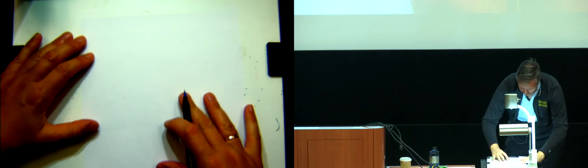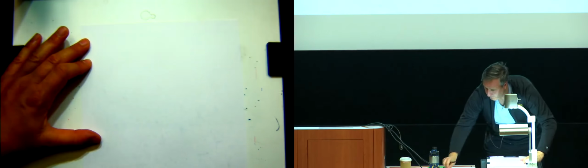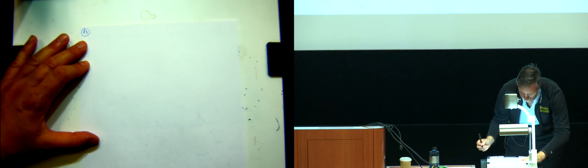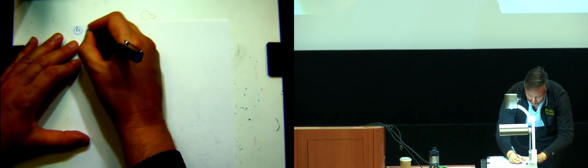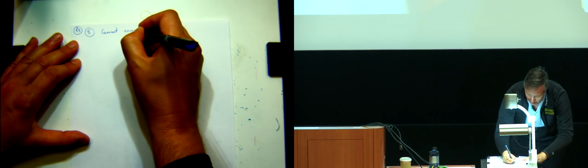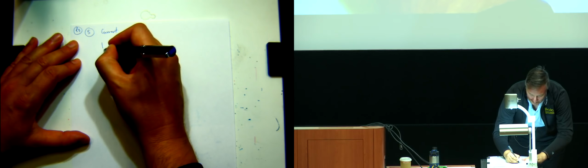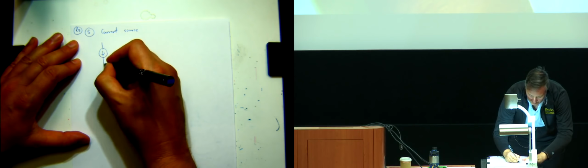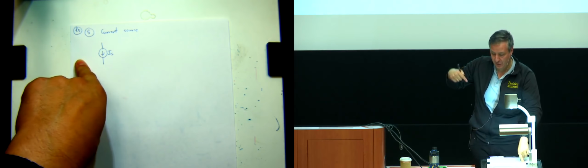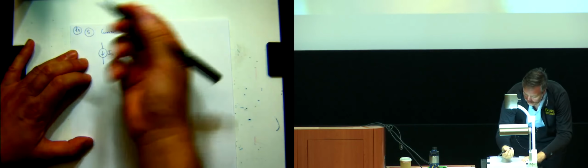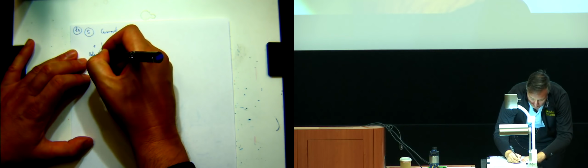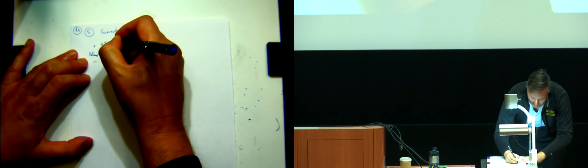Okay. So let's define one more. Okay, so we're going to define element number 5, which is current source. Again, this is an internal flow of current in that source, Is. And then I'm going to define I element and V element.